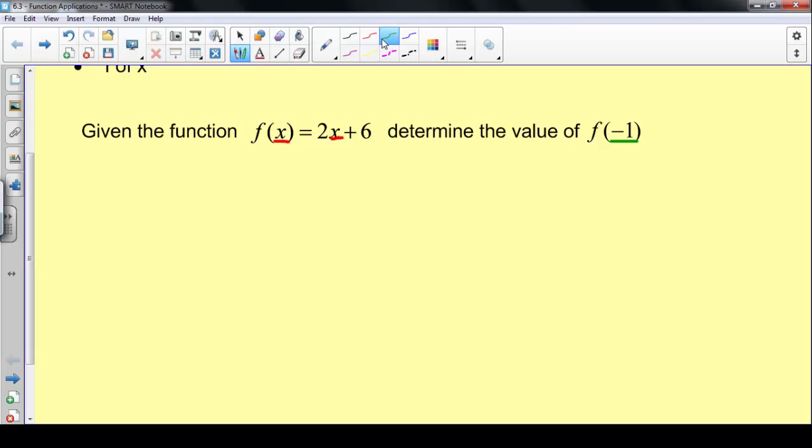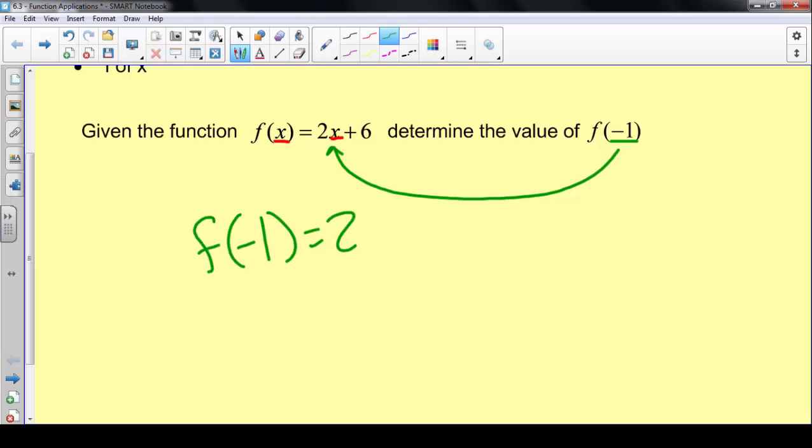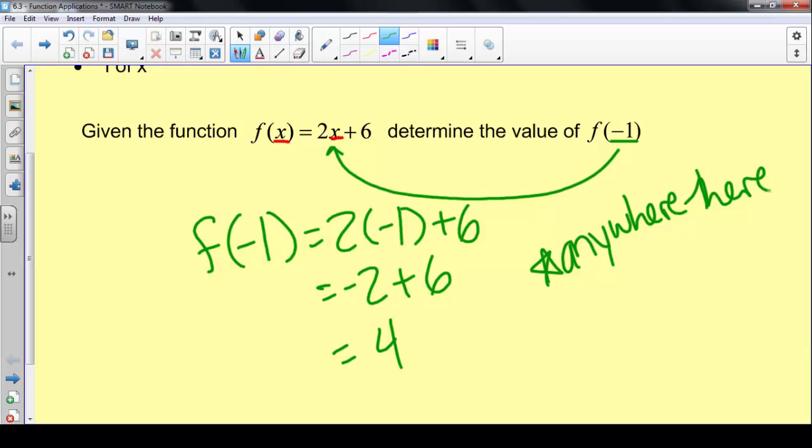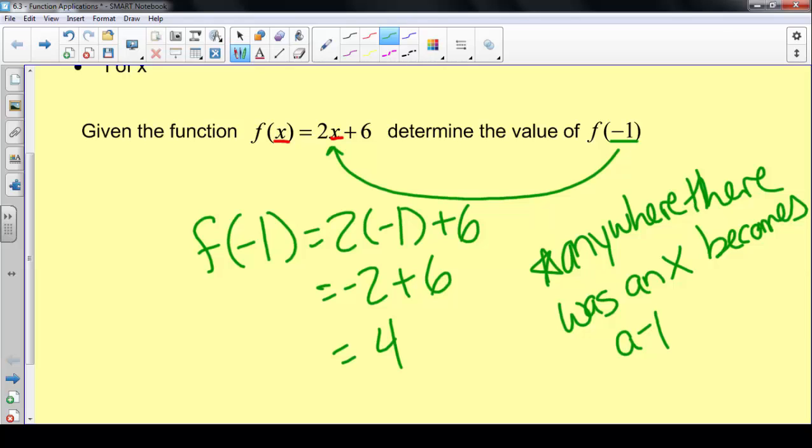So the key thing is anywhere that there was an x now becomes a -1. And that's all it is.